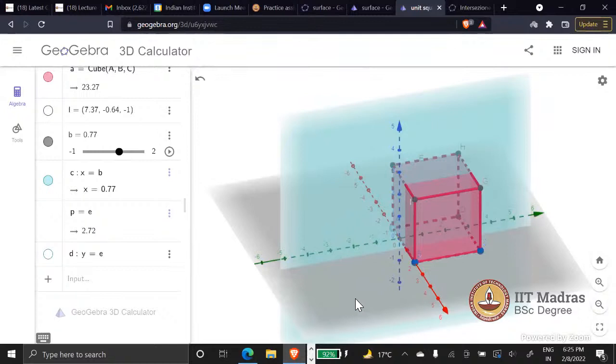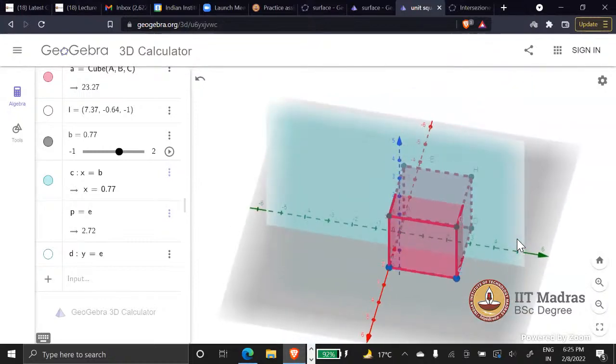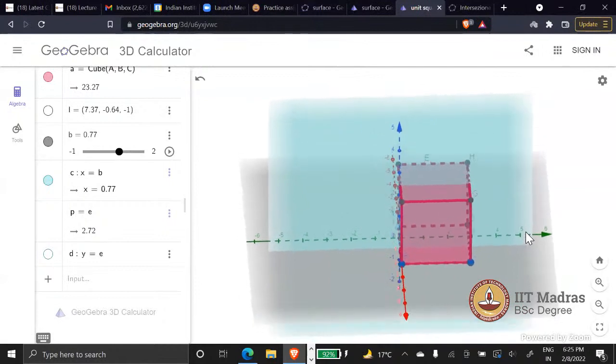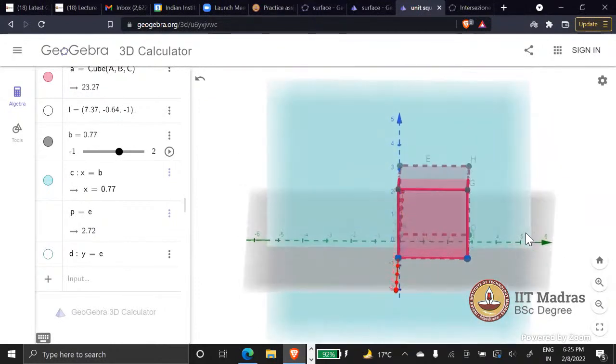If we are slicing on the red axis, then in the XY plane we are not getting any square. We are just getting the square on the YZ plane. Green is the y plane, and z is blue, so in this case it is the YZ plane. We are getting that square only on the YZ plane and not on the XY plane.